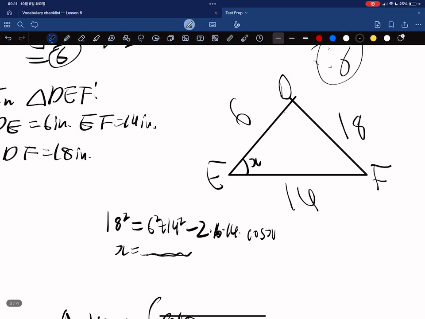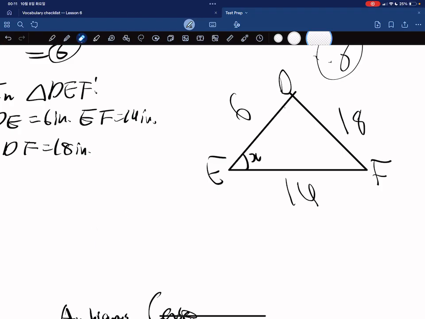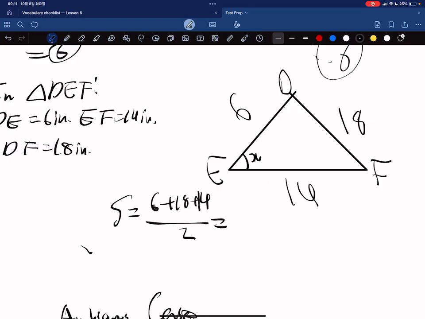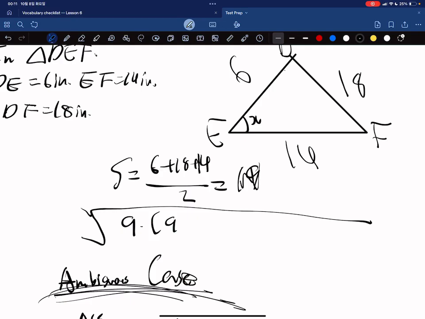Now for this equation, we can use our law of cosine and find it, but that takes very long. So we can use Heron's formula to simply do s equals 6 plus 18 plus 14 divided by 2, which is 19.